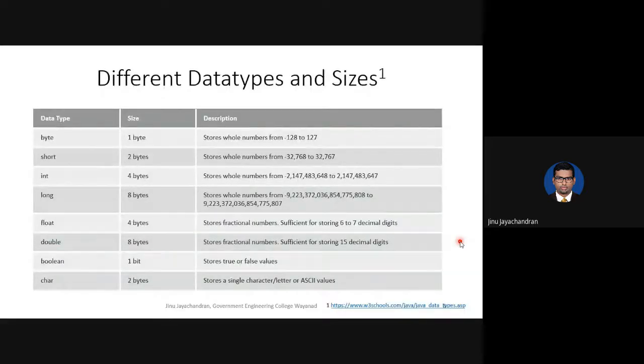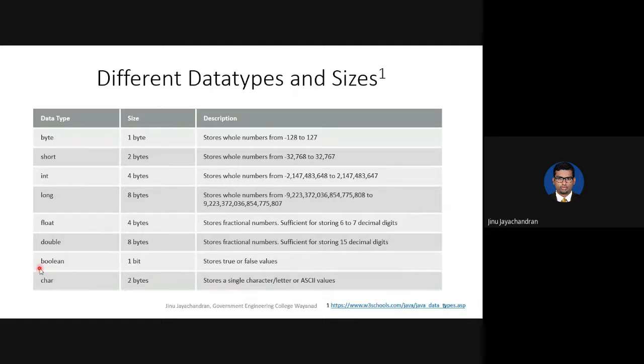Each data type is assigned a specific size of memory. If you declare a variable as int, for example, int a, then the memory allocated to that variable is 4 bytes. This chart shows the memory allocation size for each data type.